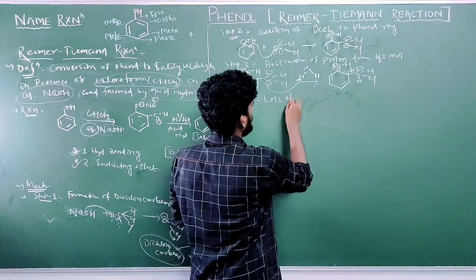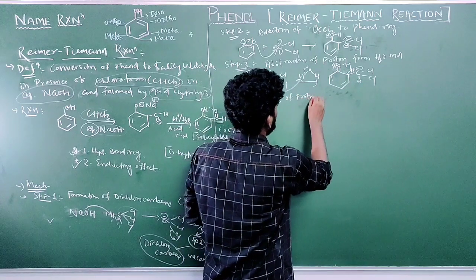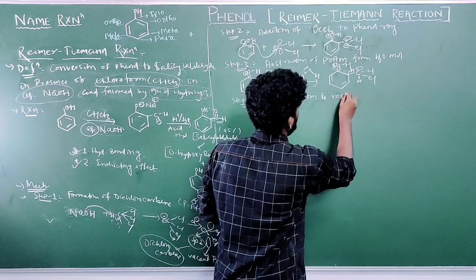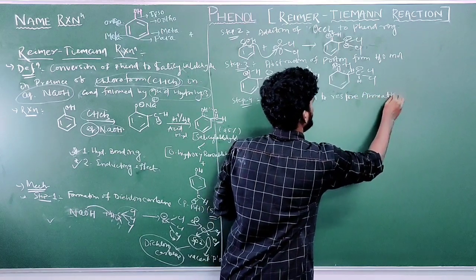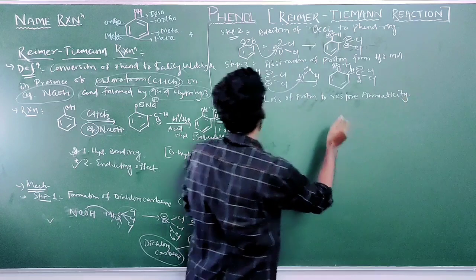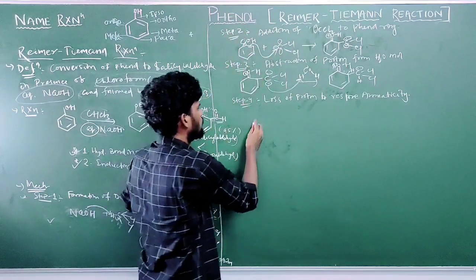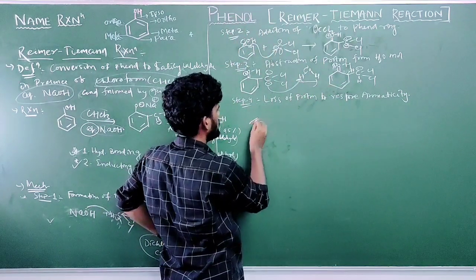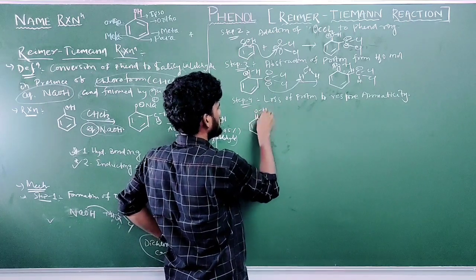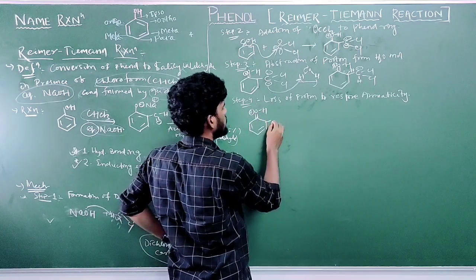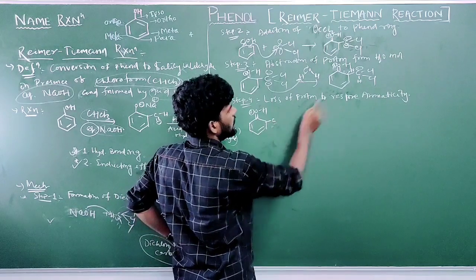Loss of proton to restore aromaticity. In your language you can write every step. So now the starting material is this one for step 4. This is double bond OH positive, and here you can write CHCl2.